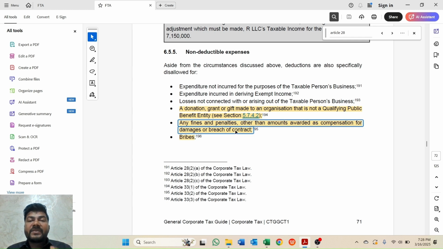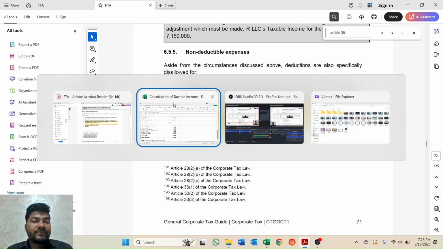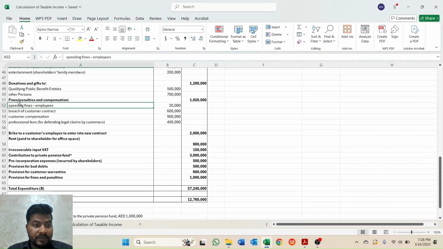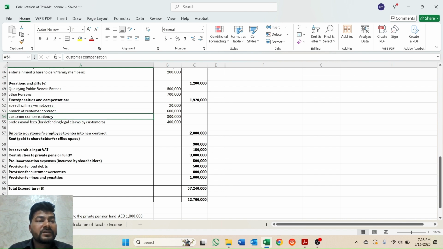So if the fines are related to compensation for damage or breach of contract, then this is deductible. Now come here at the draft. Speeding fines, breach of contract, customer compensation, professional fees for defending a legal complaint.